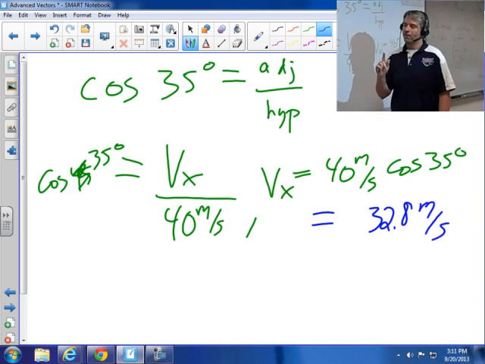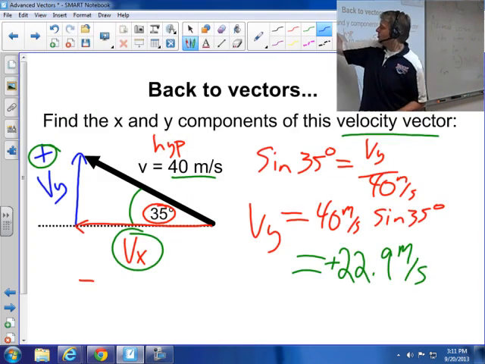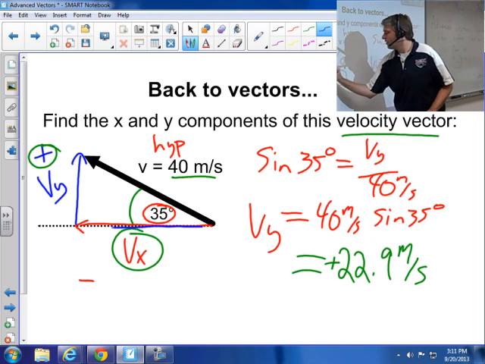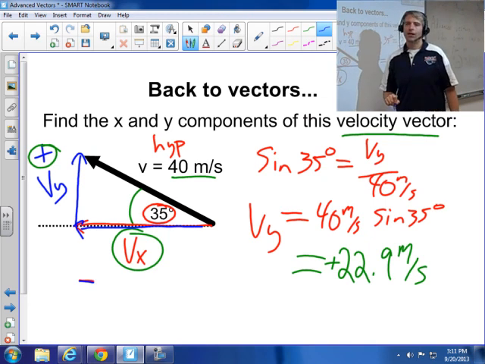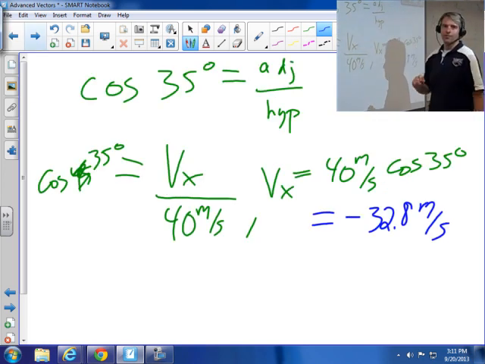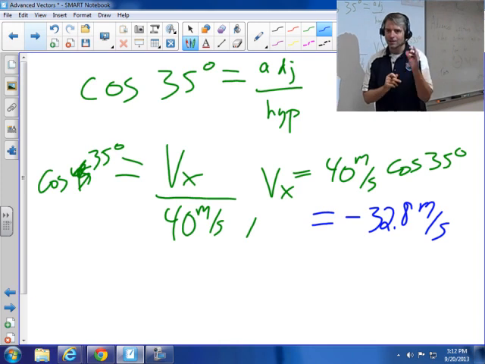Now, if I stop there, I actually wouldn't have the correct component, because if you go back and look at my picture, as we discussed just a minute ago, my Vx points to the left. It's negative. The calculator didn't know that. It thought it was solving a triangle. So I need to make sure to add that negative sign myself. This isn't a brainless step-by-step process. It involves a little bit of thinking.